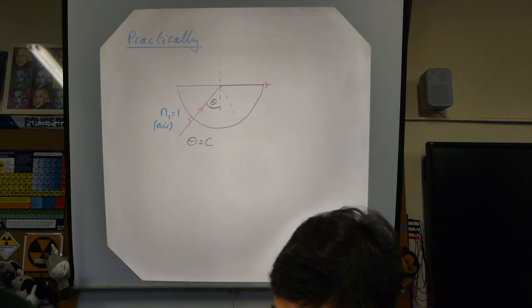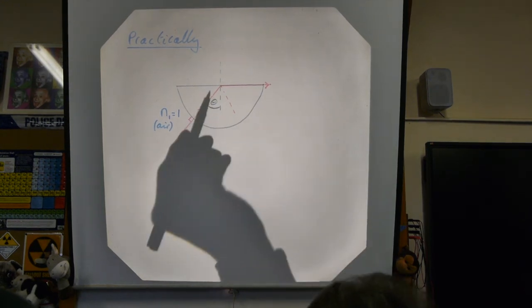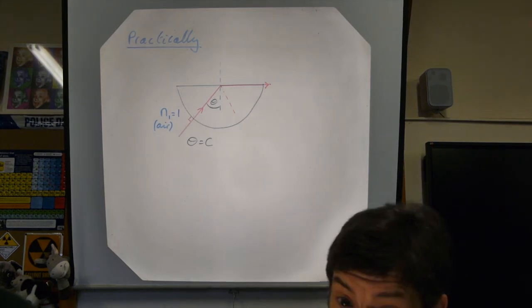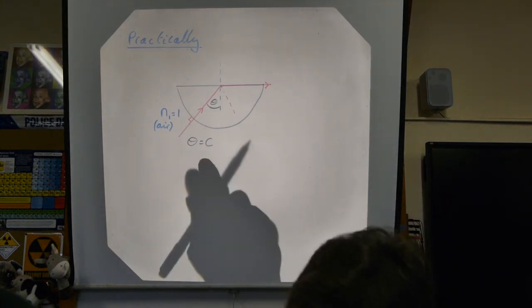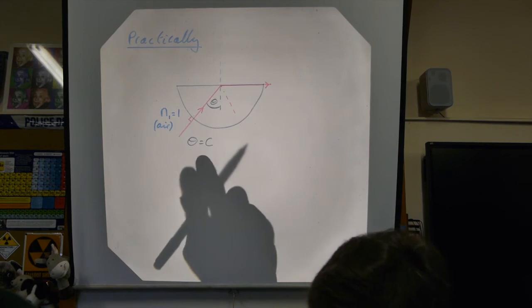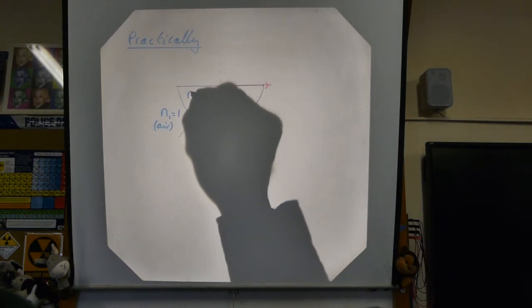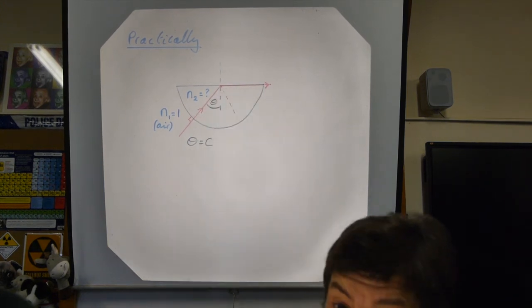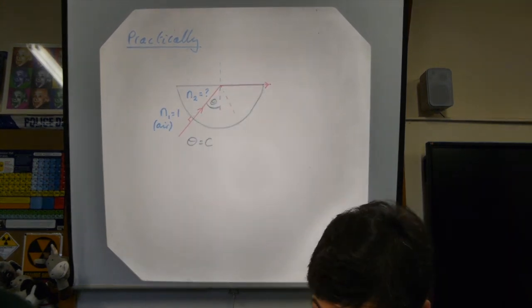But for the sake of this, we'll make the refractive index equal to 1. So we can set this up. We can get a laser beam, turn the angle until we just get that 90 degrees. We can measure the critical angle, and then we can calculate N2, the unknown refractive index.